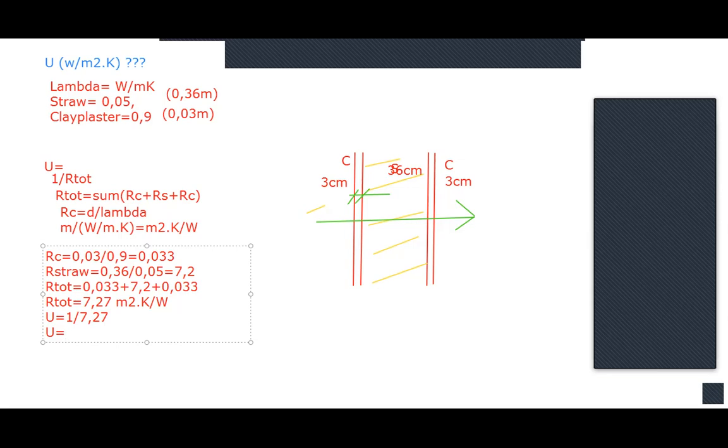It is a number very similar to what we were speaking about at the very beginning, 0.138 watts per meter square Kelvin. This was the simplest version of the calculation.